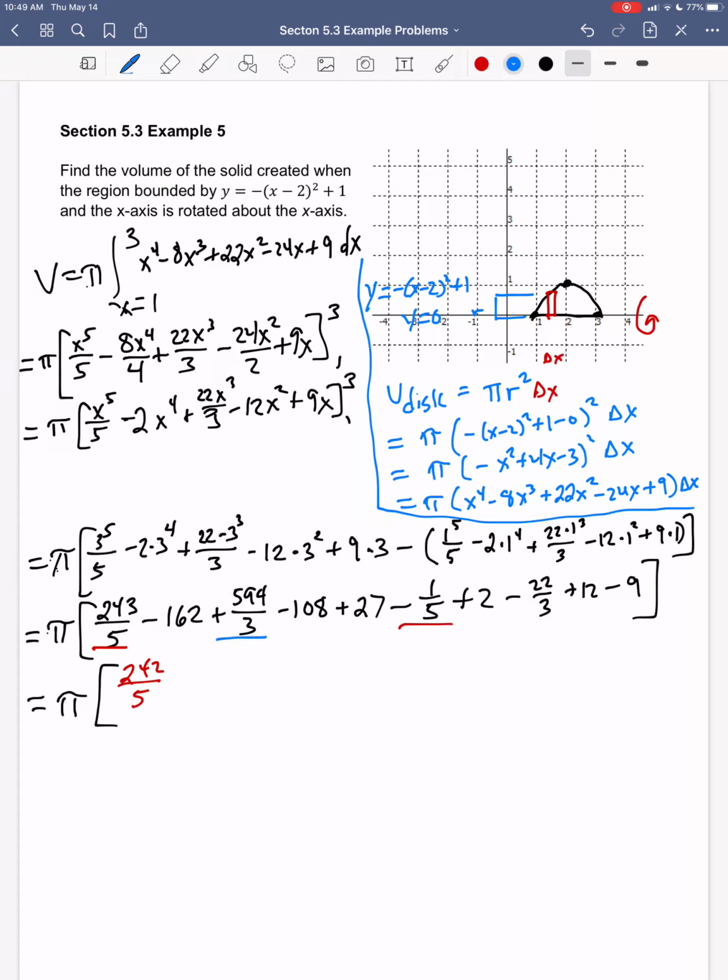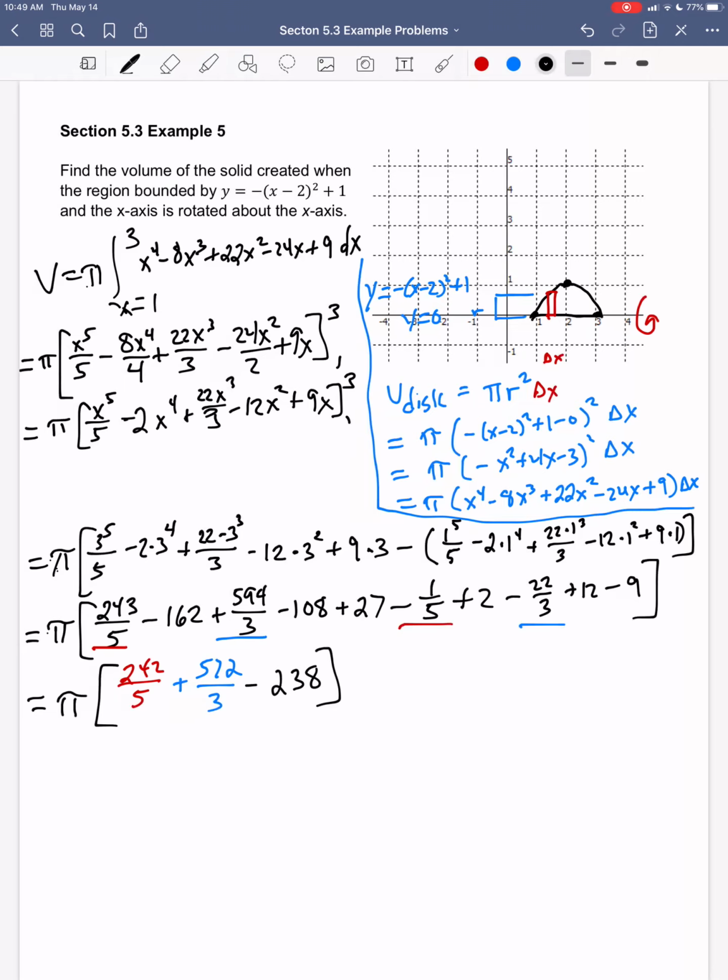I've got 594 over 3 minus 22 over 3, so that's plus 572 over 3, and the rest are integers. So I've got negative 162, negative 108, positive 27, positive 2, positive 12, negative 9. If I put all that together, I get minus 238. You want to check me on that, of course.